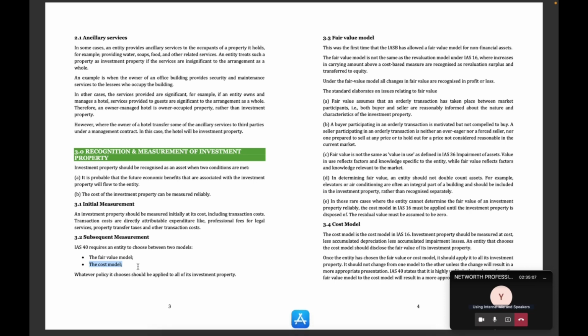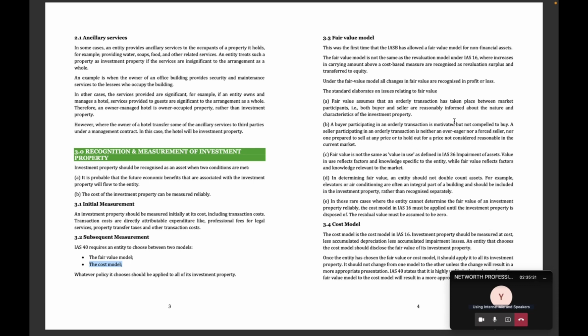And fair value model is just the fair value. So meaning if an entity chooses fair value model, you find out that they won't depreciate that investment property. It won't be depreciated.